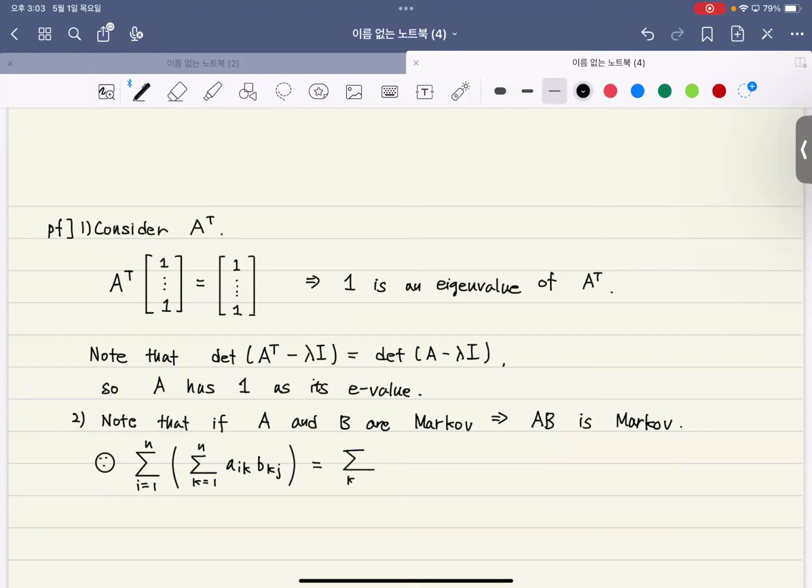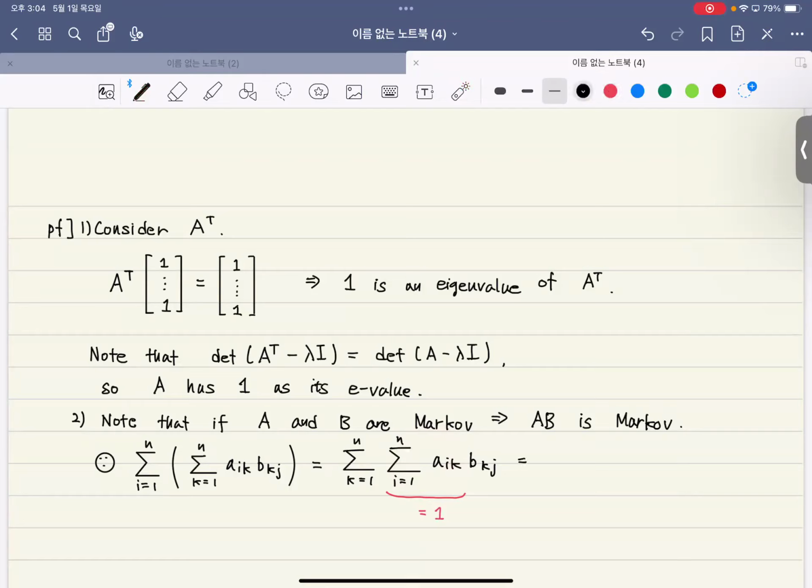So I am always free to exchange these two summations. So from i equals 1 to n, A_ik and B_kj, right? This summation, with i varying, must be 1, because A is Markov. For every column of A, the sum of the entries must be 1.